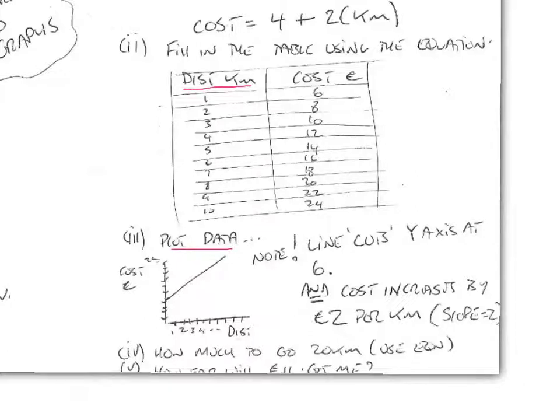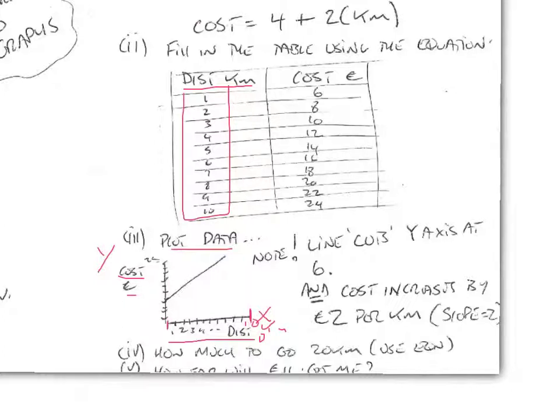And so once we have this table of data, we look towards plotting the data on a graph. We mark a scale representing kilometres along the x-axis, and then we use the y-axis to represent our cost in euros. We look at our data for distance, and we see that it goes from no distance up to 10, so we would graduate our distance scale from 0 to 10 kilometres.